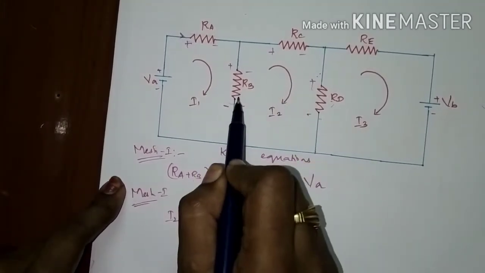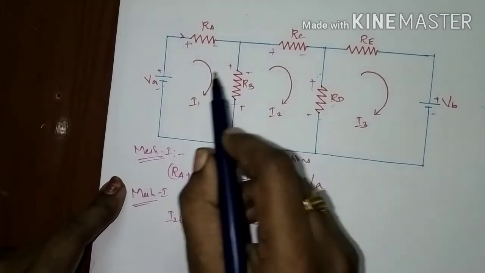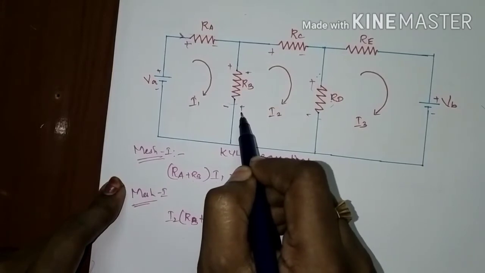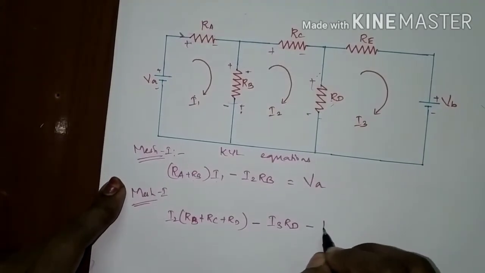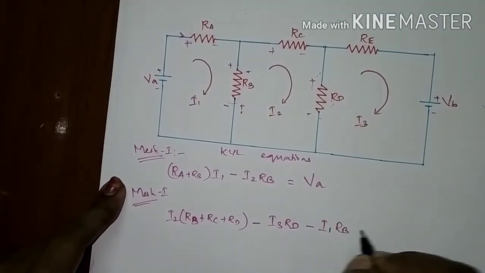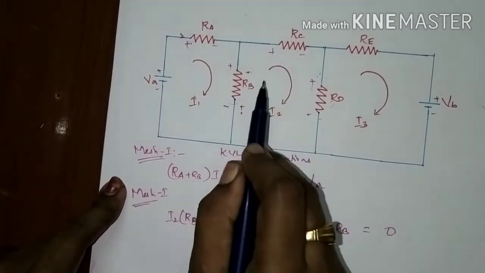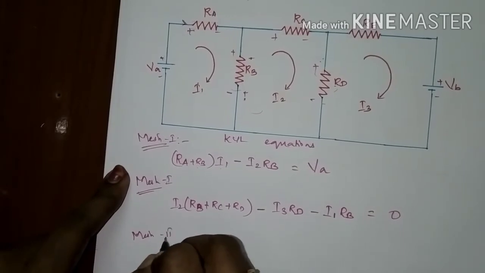Similarly, consider this mesh. This I2 enters the positive and leaves the negative. But in the case of I1, it enters the negative and leaves the positive, which is opposite of the voltage drop. So we write minus of I1 into RB, which is equal to 0. There is no energy source present in this mesh, so the energy source is equal to 0. Mesh 3.